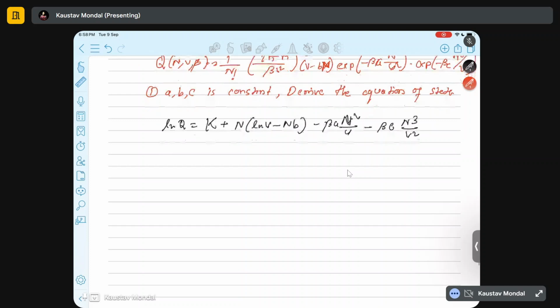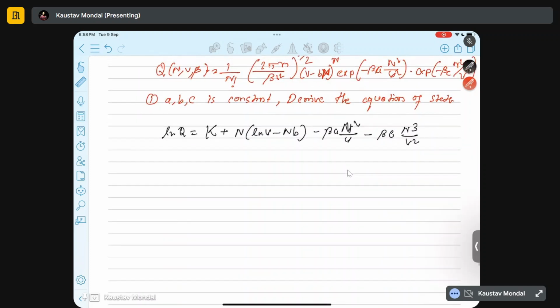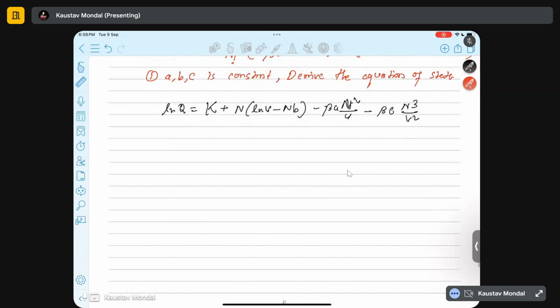Now if you want to derive the expression of the pressure, as you all know, pressure is thermodynamically related with the other potentials also.